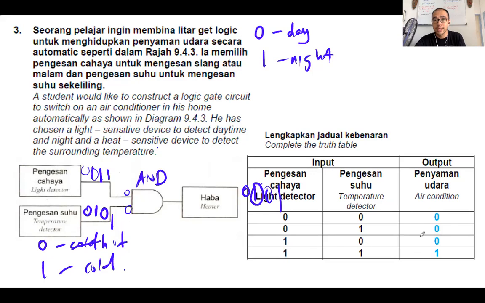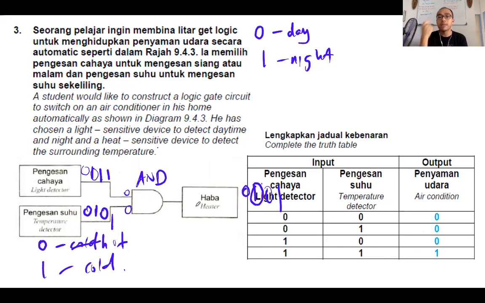Okay, which is this. Let's talk about this. Let's say this is a heater. When do we want the heater on? We want the heater on when it is dark and when it is cold. Right? That's why we want a heater. Why would you want to turn on the heater if it is daytime when it is hot, even though it is night time? So we want these two conditions.